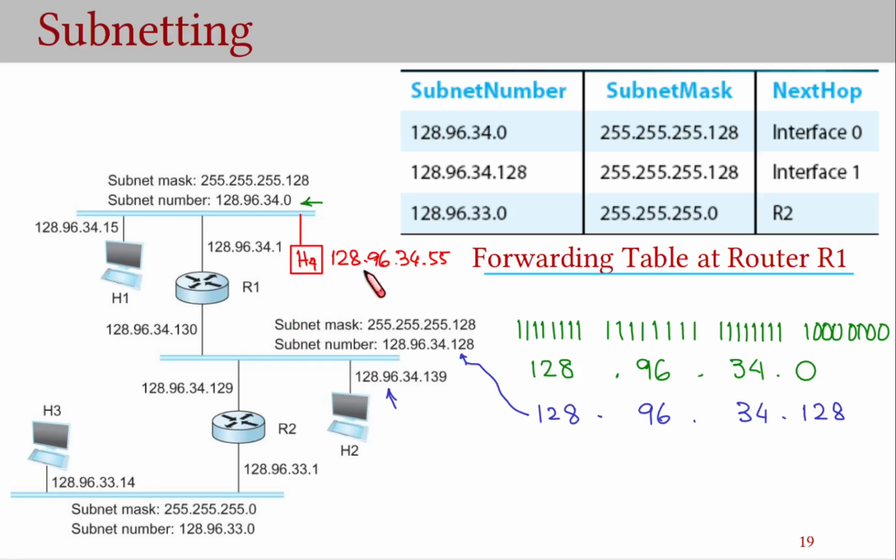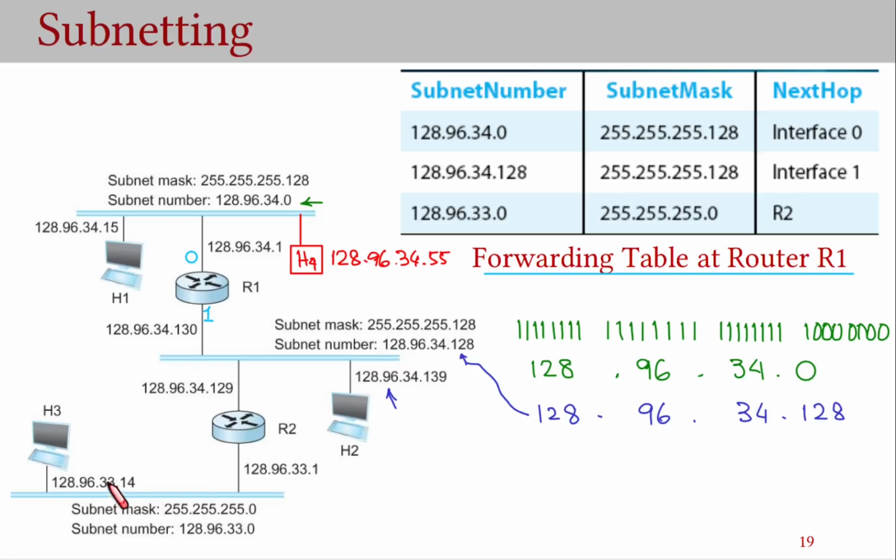So it will have this IP address 128.96.34.55. Now it's going to apply this subnet mask to this IP address, right? So this is what R1 is going to do. Once it does, it will find that this IP address corresponds to subnet number 128.96.34.0, and therefore it's going to forward that to interface 0. This presumably is its interface 0. This is its interface number 1.